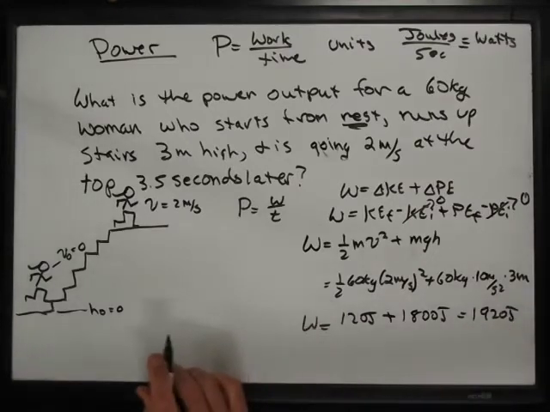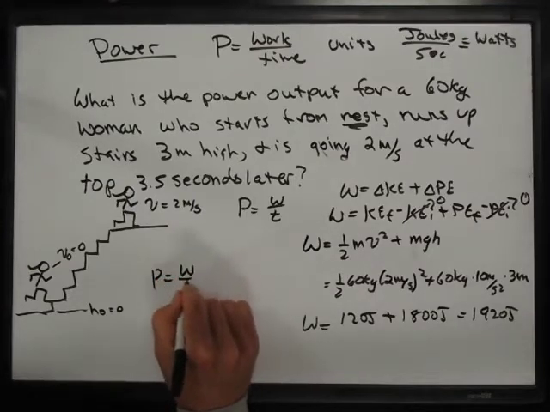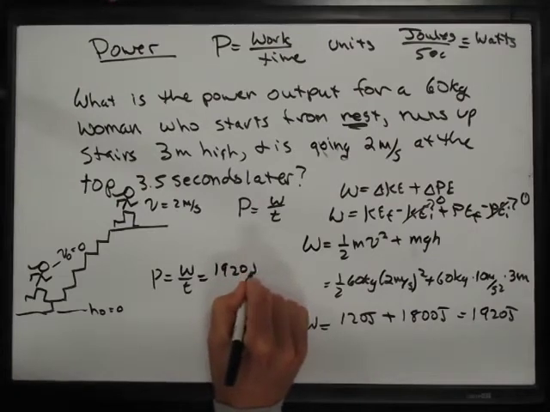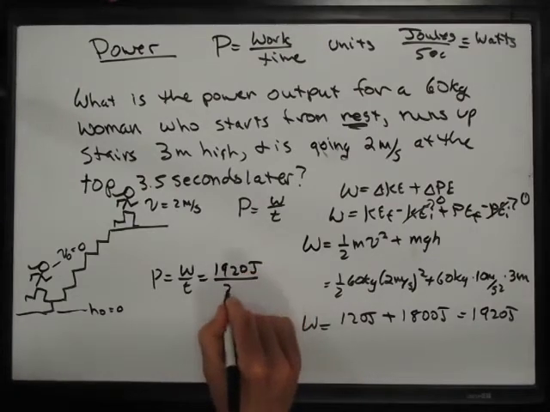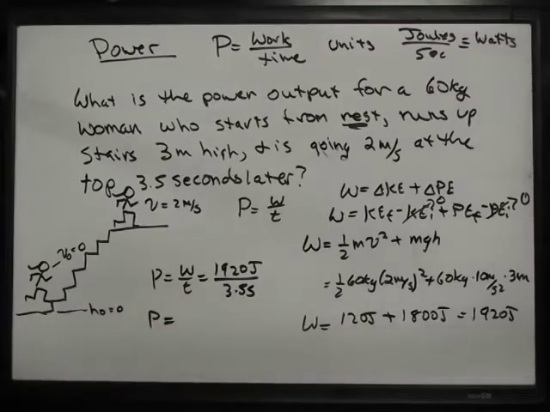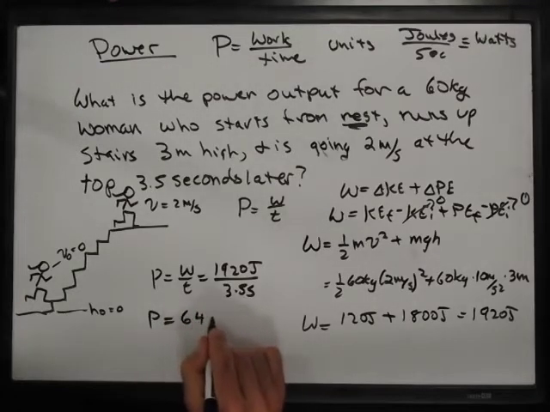That's the work done. And so if I want to calculate the power, the power is the work divided by the time. And so it's 1920 joules divided by 3.5 seconds, which is equal to 640 watts.